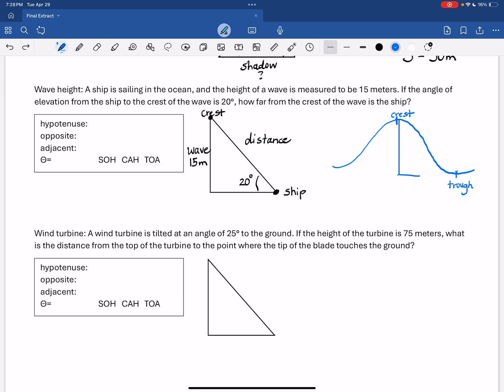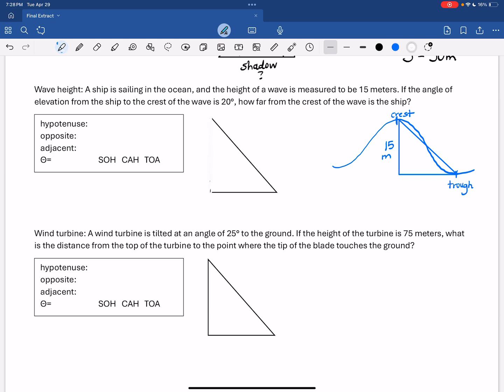Well, the iPad has different ideas. There is a right triangle. Okay, so the crest is actually the peak of the wave. That's this 15 meters. Let me try something. Because this picture, for some people, this is not a problem at all.